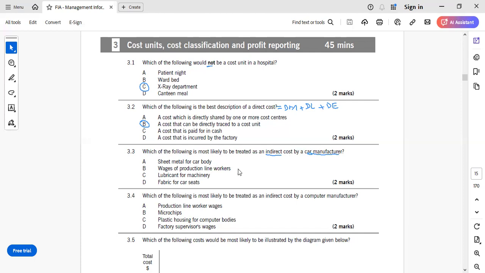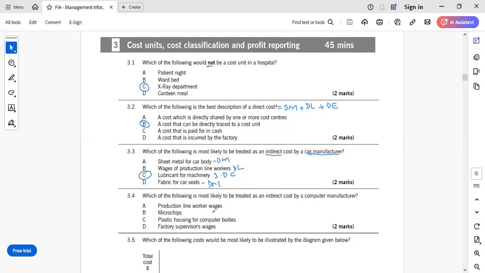Wages for the production line, direct labor. Lubricants for the machine, this is your indirect cost. Fabric for the seat, it is also direct material. So option C is right option.